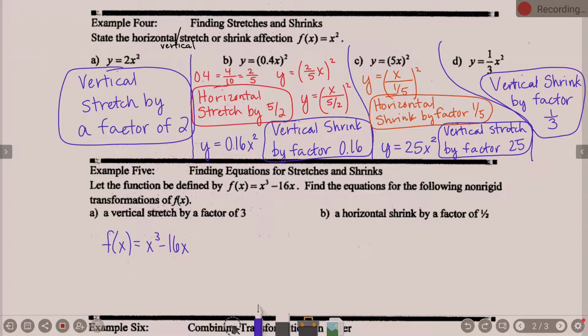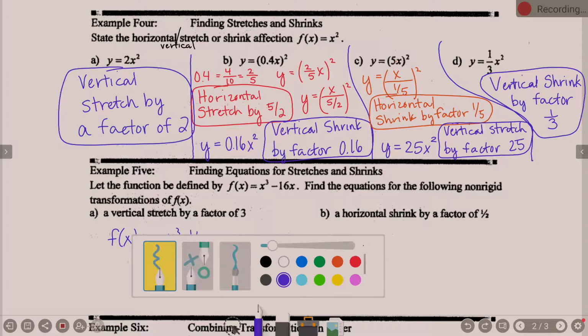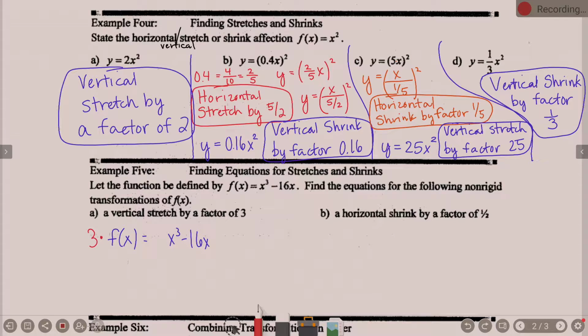If you flip back to the previous page, in order to do a vertical stretch by a factor of 3, it says we need to do 3 times f of x, right?